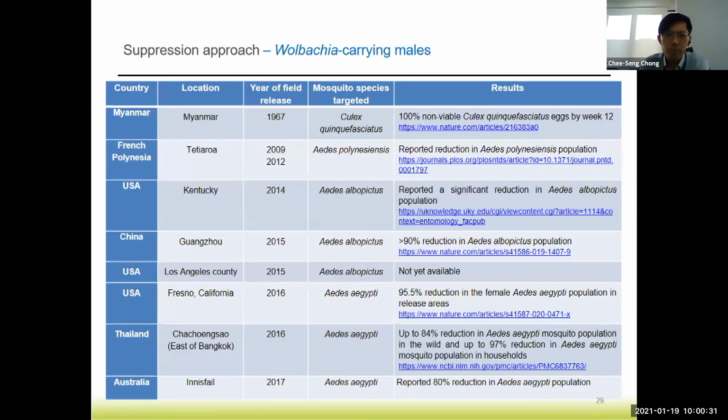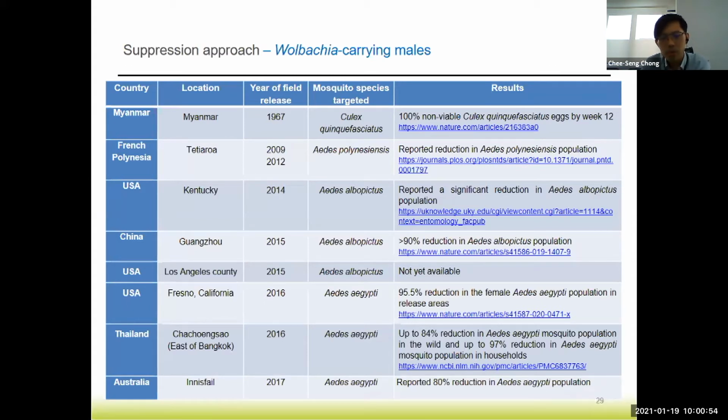So this suppression approach using Wolbachia-carrying males is actually not really new. In fact, back in 1967 in Myanmar, they started a small trial using Culex quinquefasciatus with a different strain, and they did manage to collapse the population.